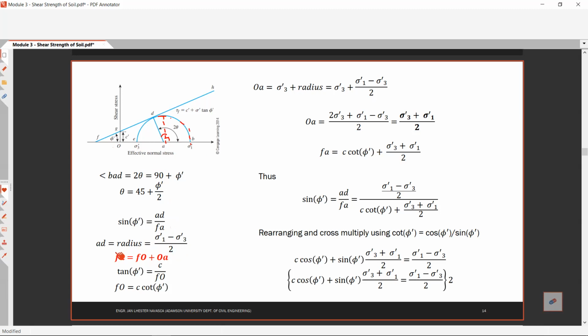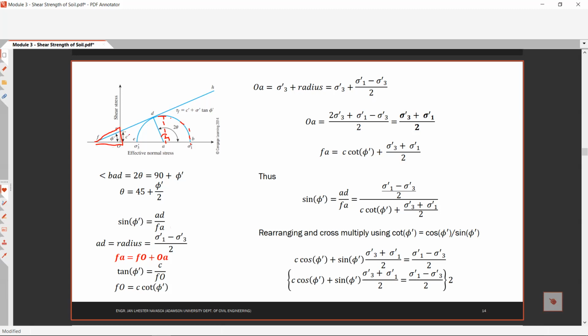Then we can say that the line FA is equal to FO plus OA. So that is our working equation. Then the tangent phi prime, we get this triangle over here. Tangent phi prime is opposite over adjacent.